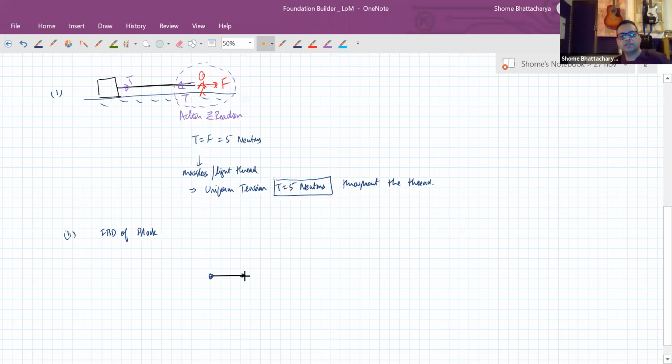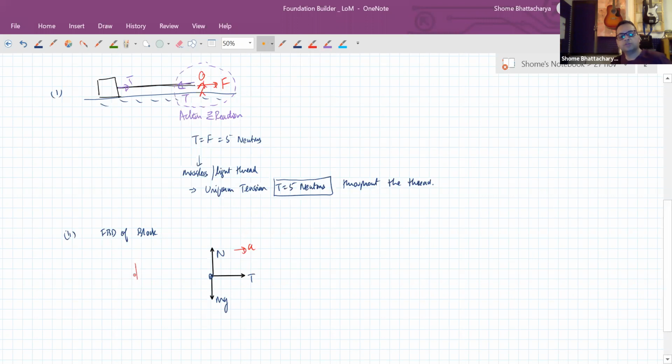So there is tension, there is the normal reaction that the ground is applying, and there is weight. Under the action of all these forces, the acceleration of the block is along this direction.